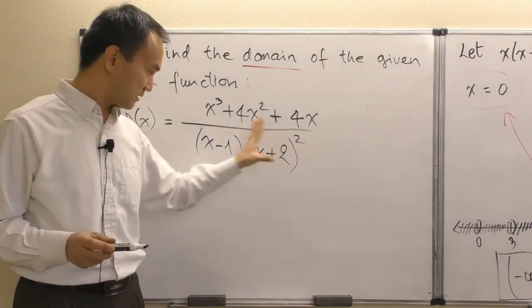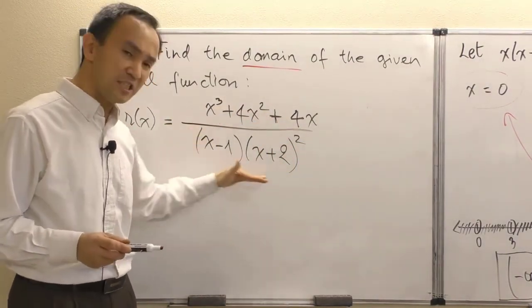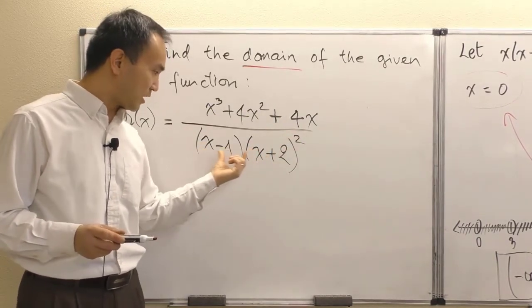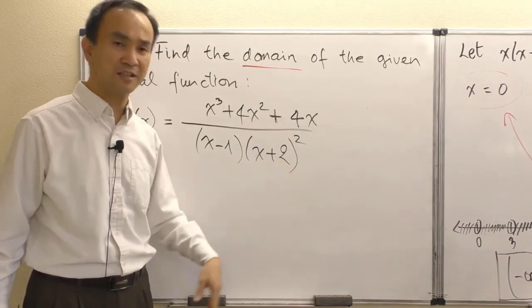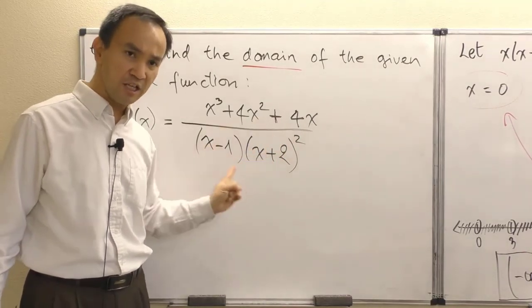That means this complete factor form of this denominator polynomial has really 3 factors. There's an x minus 1 and x plus 2 times x plus 2. So there are 2 identical factors here. That's why it's multiplicity 2. It appears twice in our denominator.